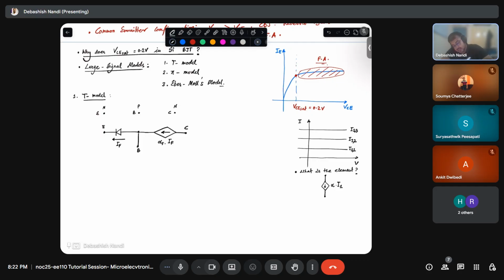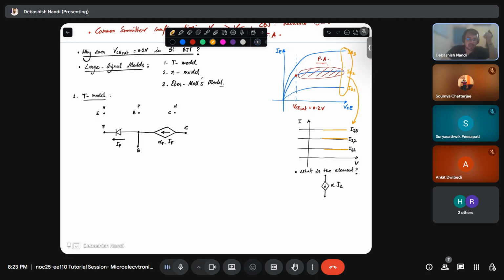Similarly, in case of your BJT, you have this type of curves, right? Now, in this region, it just resembles this part, right? Parallel lines, straight parallel constant lines. And what are these positions controlling? Let's say IB1 is controlling this, IB2 is controlling this, IB3 is this.